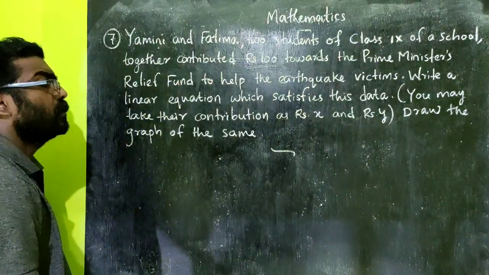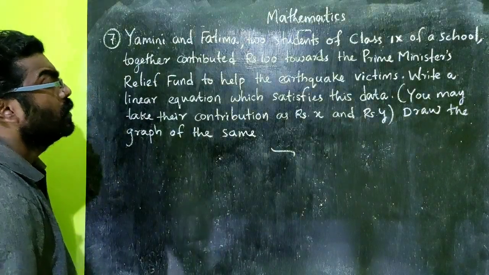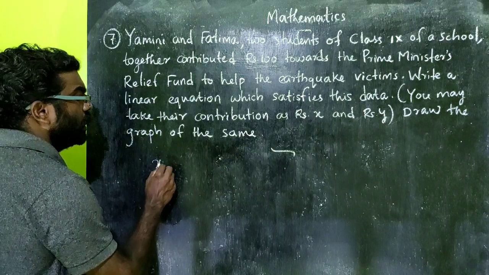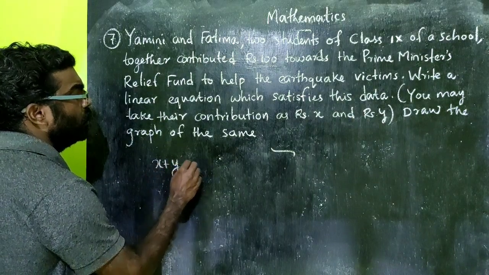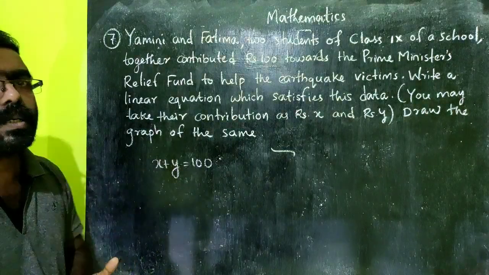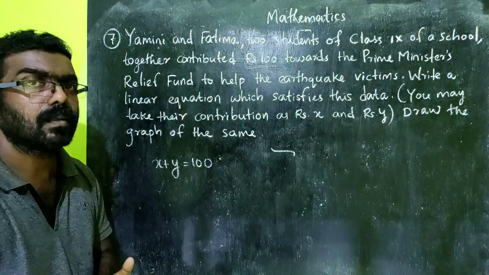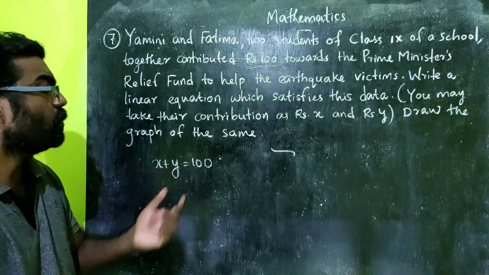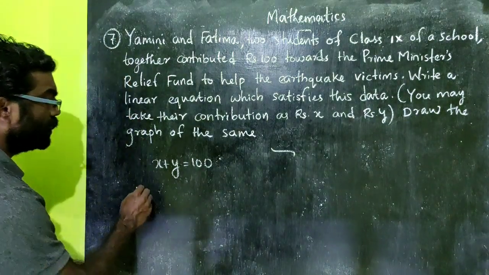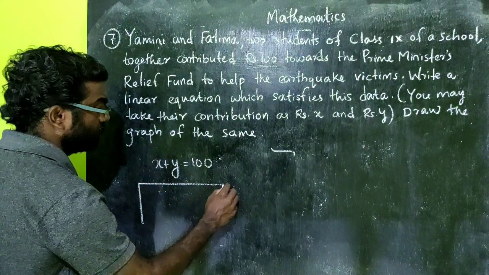Draw the graph of the same. So here we can easily write the linear equation as x plus y is equal to 100. Both of them together contributed rupees 100, so x plus y gives 100.